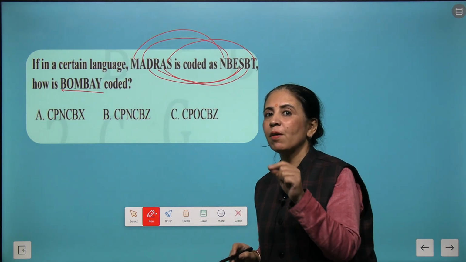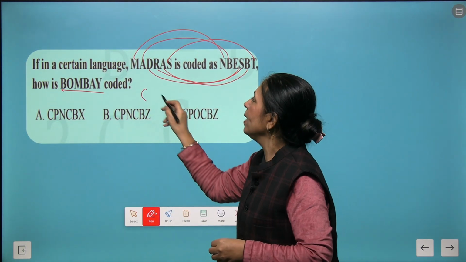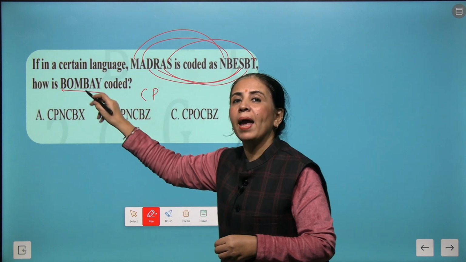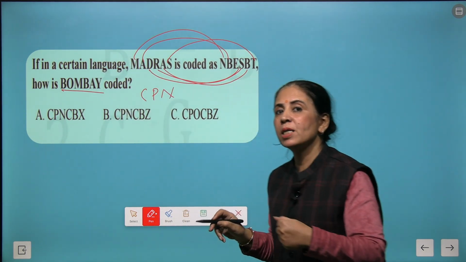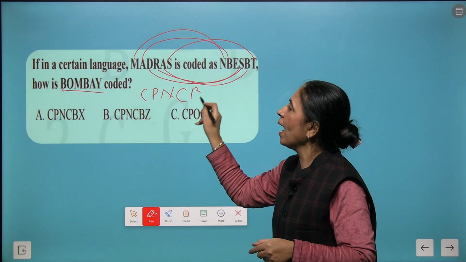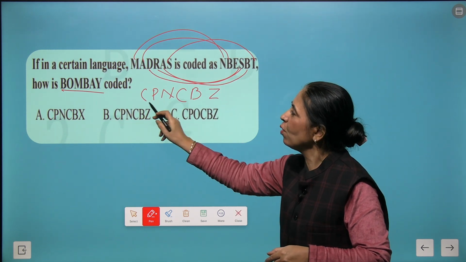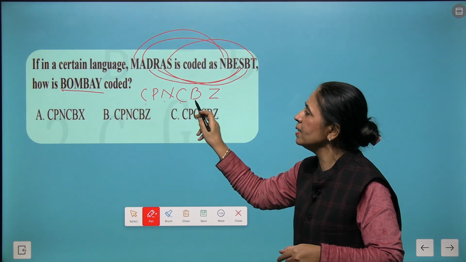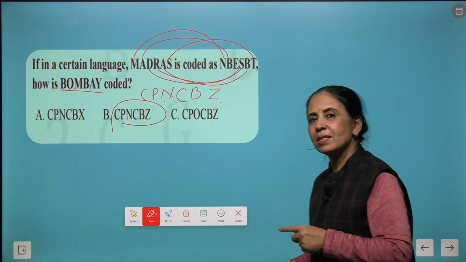What comes after B is C, O is followed by P, then comes M, M is followed by N, then we have B, B is followed by C, A is followed by B and after Y comes Z. So we have got CPNCBZ. Here we got the right answer.